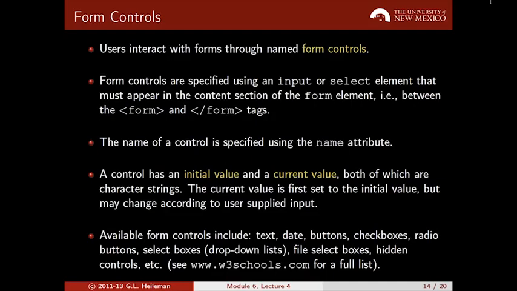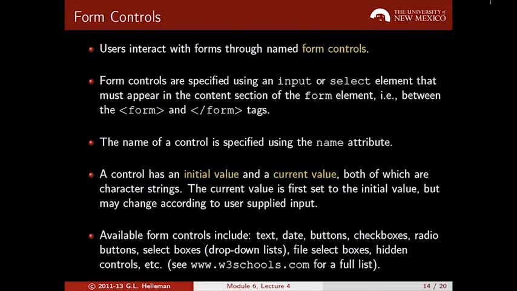Available form controls include text, date, buttons, checkboxes, radio boxes, and select boxes. These are drop-down lists, for example. You can do file select boxes. There are also hidden controls that allow you to pass information. By the way, these hidden controls aren't for passing secret information, so don't use them for that. They're really for passing meta information.